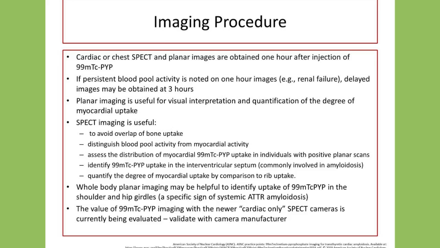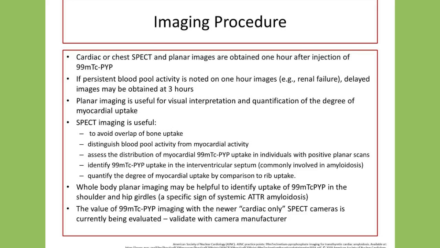The planar imaging is very useful for visual interpretation and quantitation of the disease. As we'll look at with the regions of interest and doing the ratios, those can sometimes be a little misleading. So having all of the information at your fingertips helps our physicians make a diagnosis.